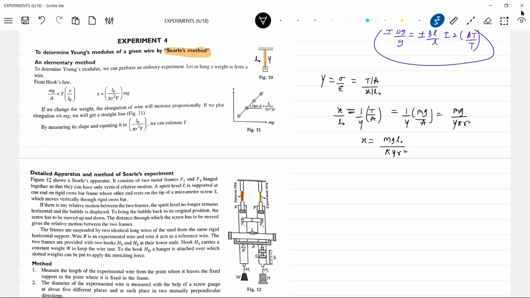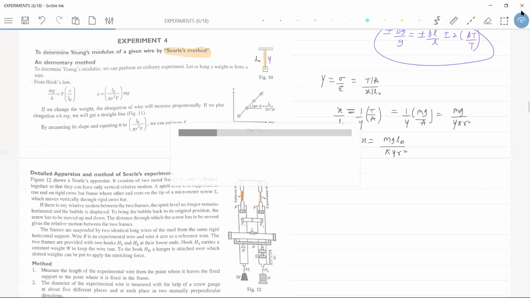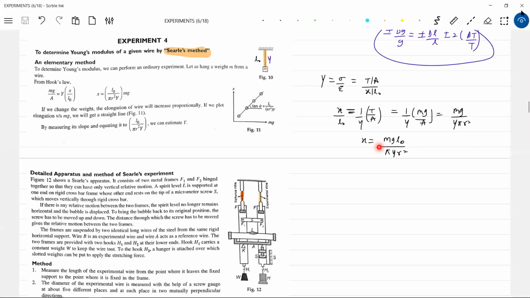So x equal to mg L naught by pi Y r square.